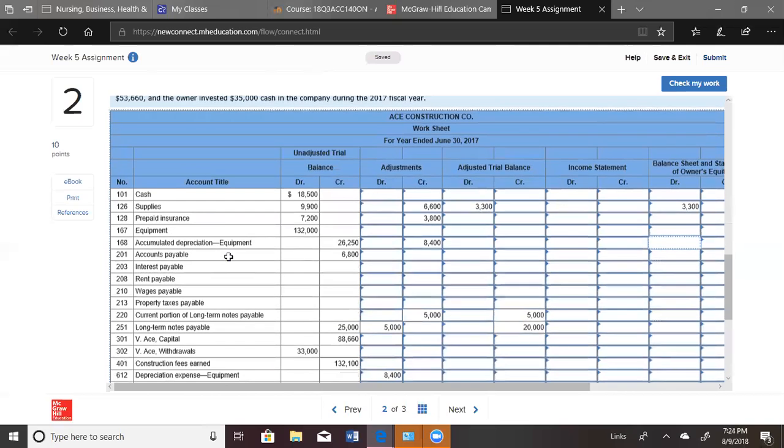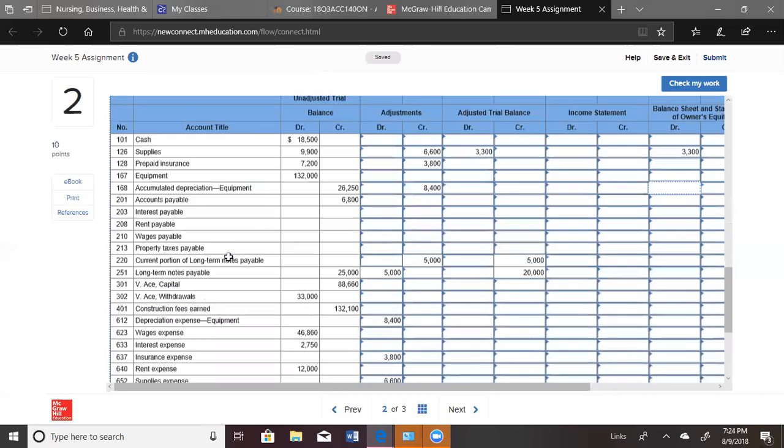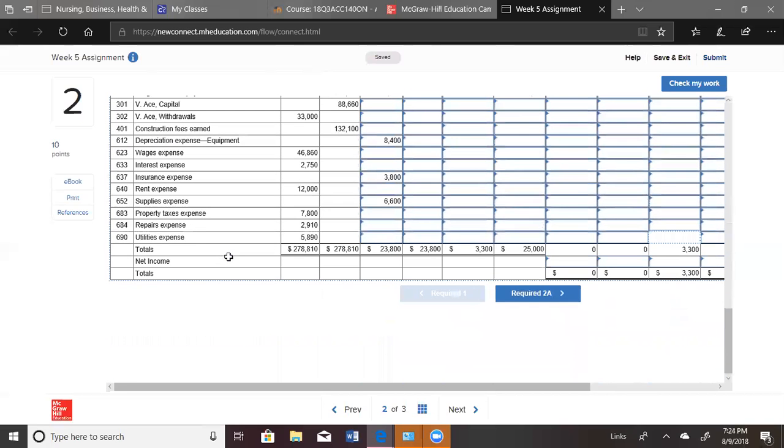Hold on. Now go down to the bottom. So 3B goes with 3C. No, hang on. That's what I'm confused about too. Hold on. Go down to the bottom. All right. Okay. You see how these are still in balance? Yeah. Okay. Every journal entry that you do, this should stay in balance every time.